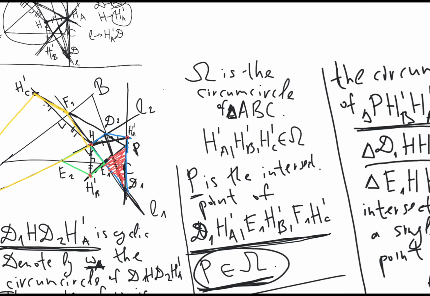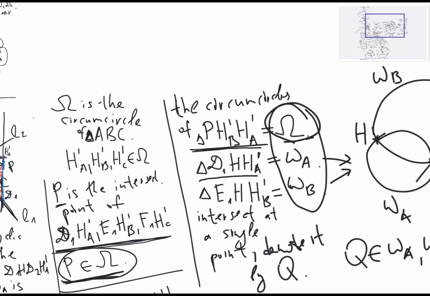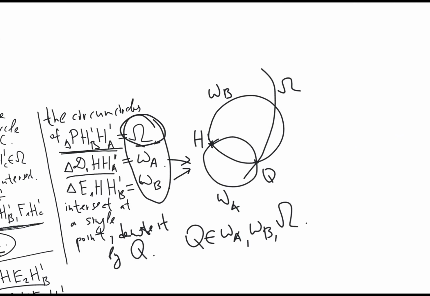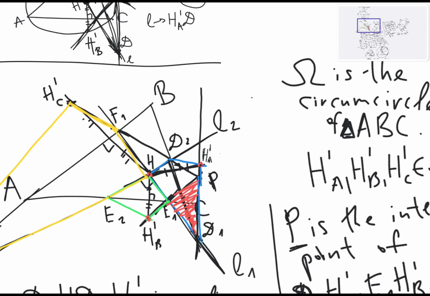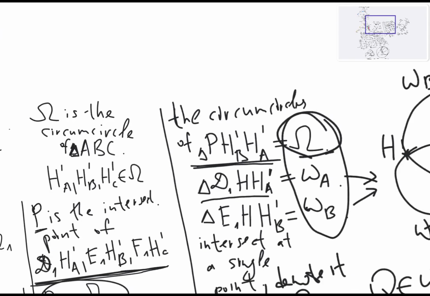Also notice that the intersection points between omega and omega B, so if you draw this other intersection point, this is point HA prime, and this is point HB prime, because HA prime lies on both omega A and on omega, and HB prime lies on both omega B and on capital omega.